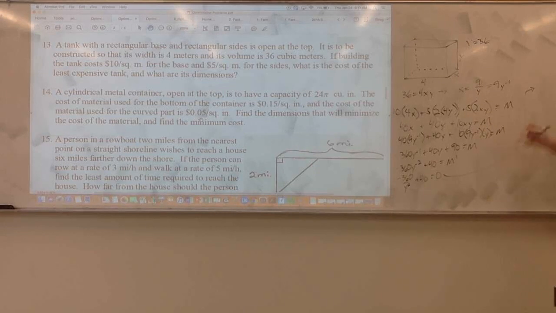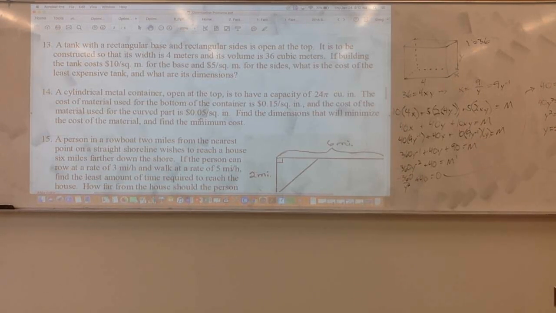So now I end up with 40 equals 360 over y squared. Multiply the y squared up. Divide by 40. y squared equals 9. So y equals plus or minus 3.